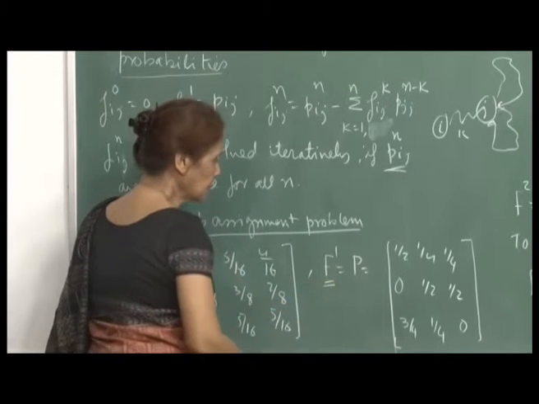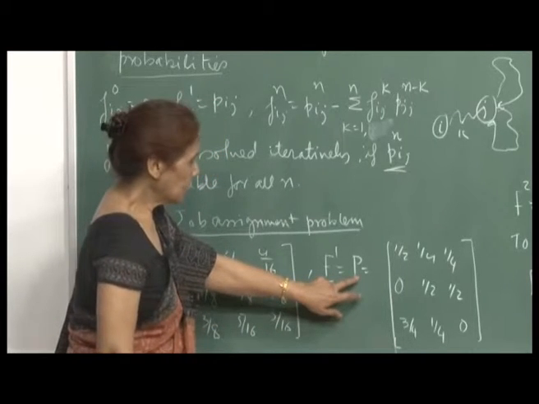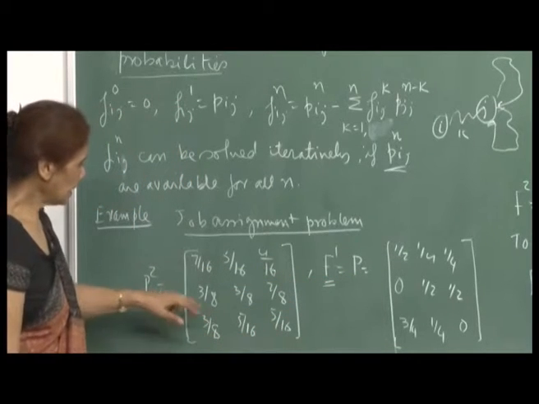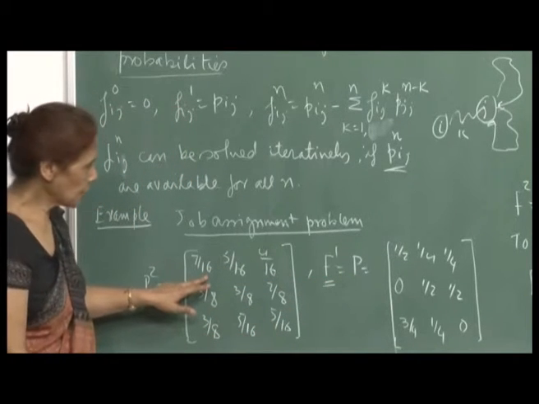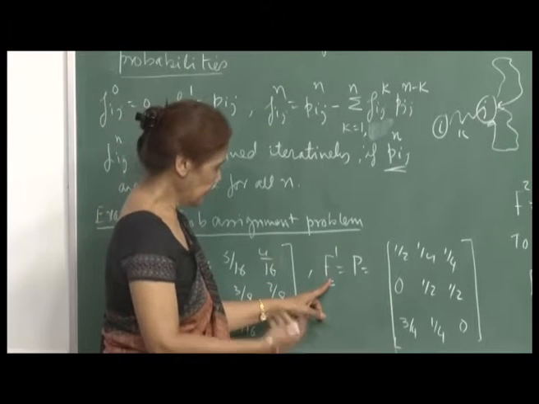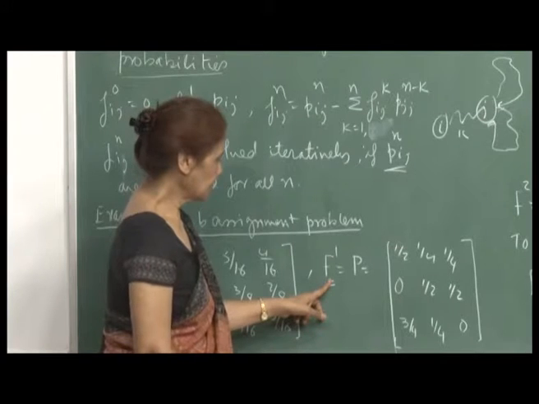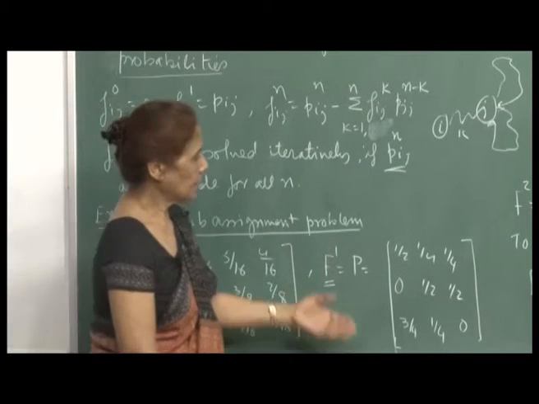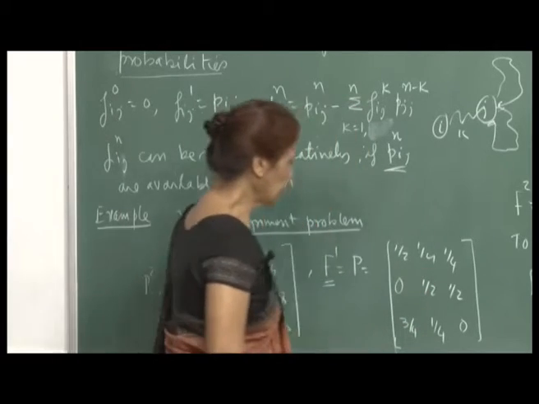Here we are using the notation that just as P is the matrix of one step transition probabilities, P squared is the matrix of two step transition probabilities, we will also denote the first passage transition probabilities by the matrix F1, then F2 and F3 and so on.